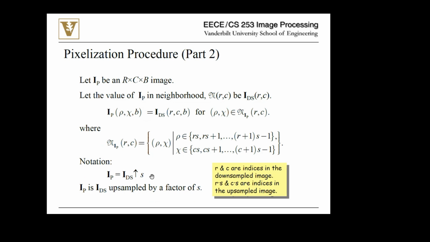Okay, and then we have the upsampling. The pixelated image at the location RC is the downsampled image at the corresponding RC. So we are doing it the opposite way.